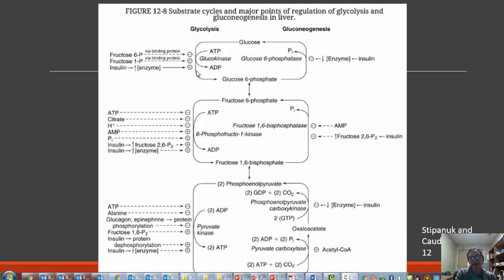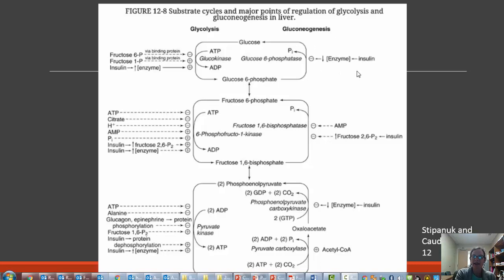What about insulin? Insulin is telling my body that I have plenty of glucose, so insulin's going to tell my body to break down the glucose to make energy. If I have a lot of glucose, I want to get rid of it. I can either store it as glycogen or I can break it down via glycolysis. So that makes sense. Insulin's saying you have too much glucose, break it down.